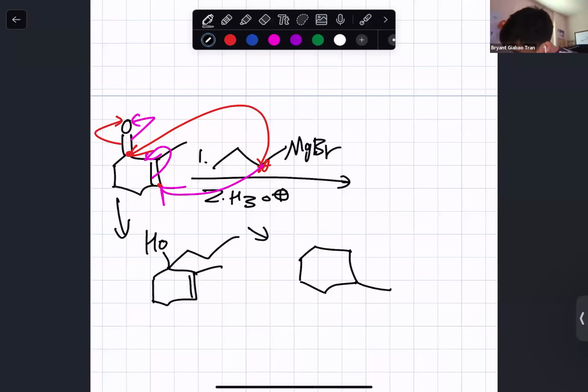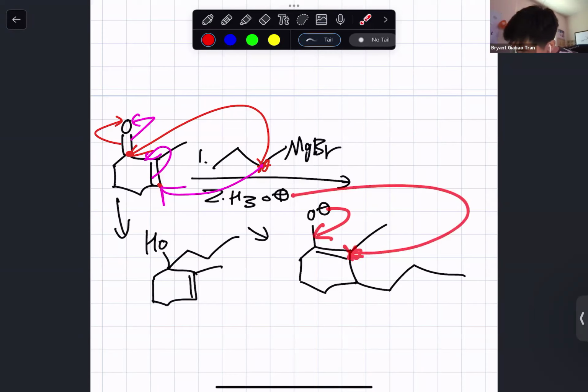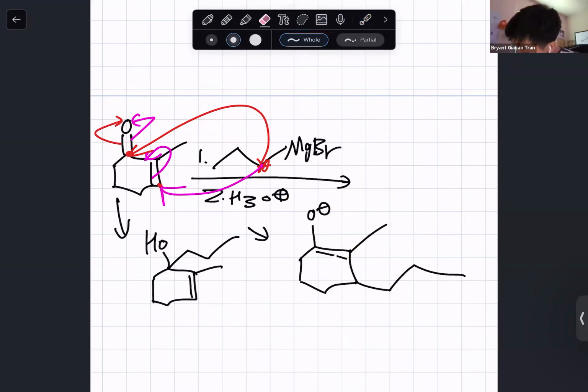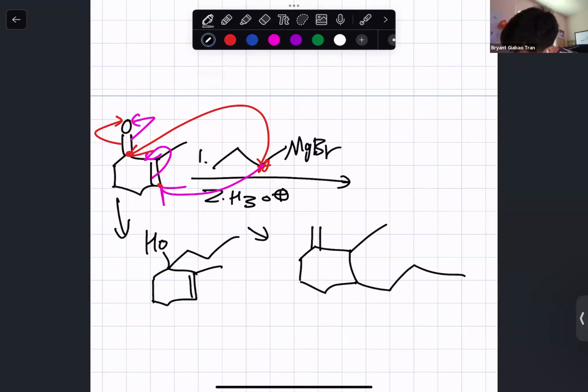Like that, O minus, methyl. And then this O minus here does not get protonated, right? It's the alpha carbon. So we reform the carbonyl. What is the alpha carbon will get protonated by the H3O+. So now that is going to reform the carbonyl here, right?